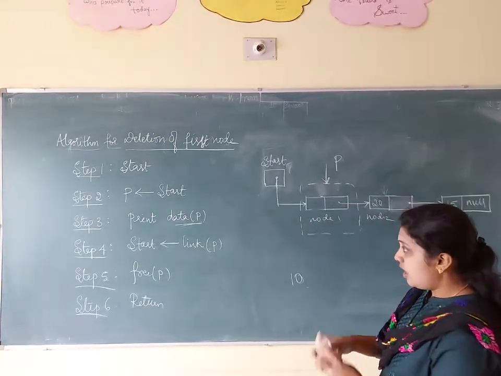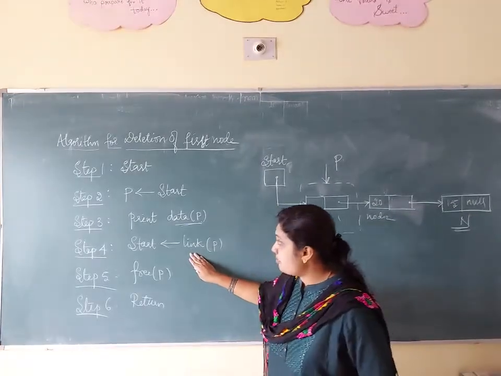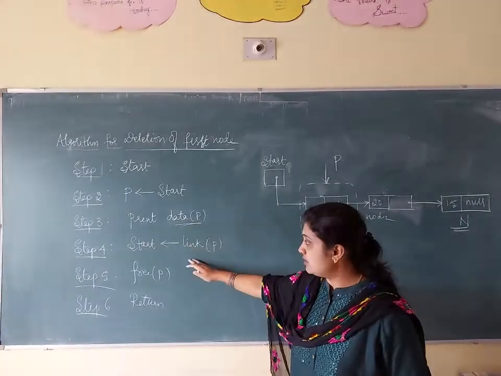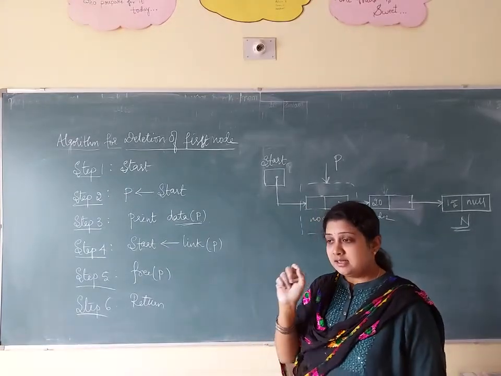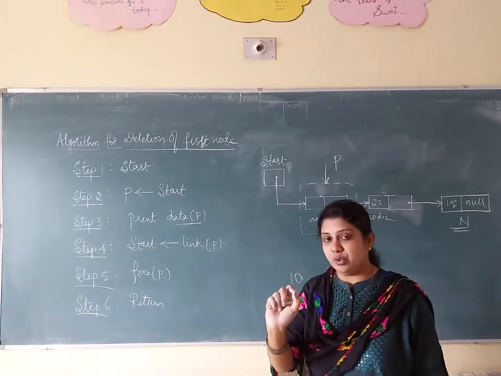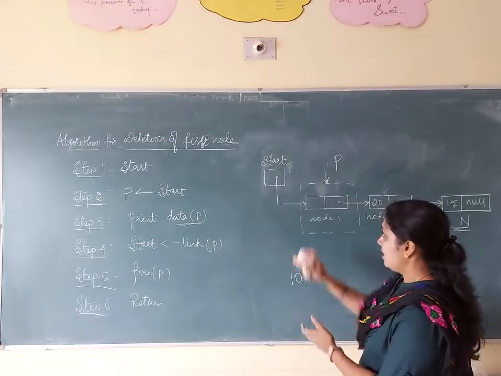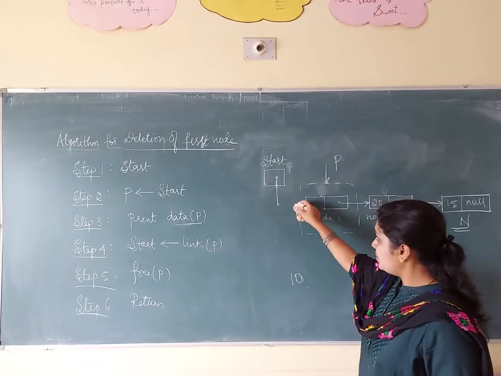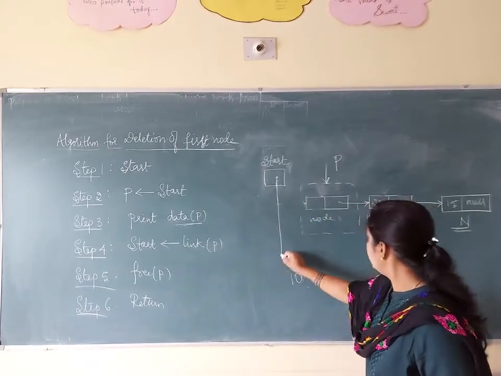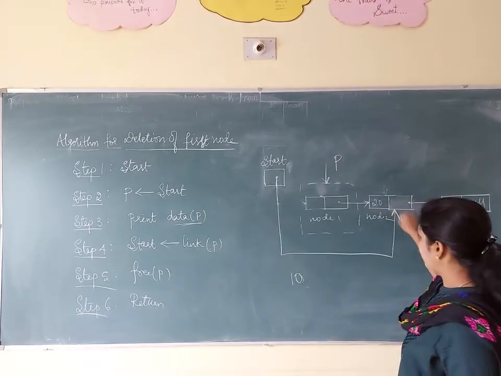Now in the fourth step, after printing the data, the link of P is pointing to where, start, in the sense the start should be pointed to the second node. After deleting this one, the start pointer should point to the second node.